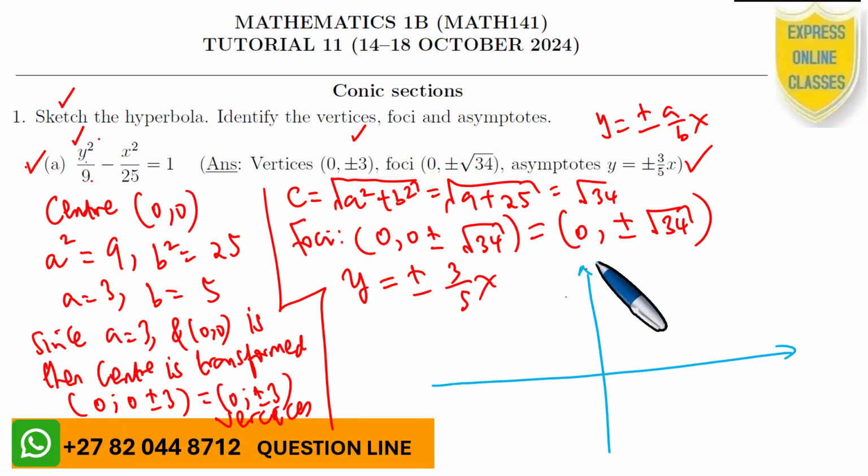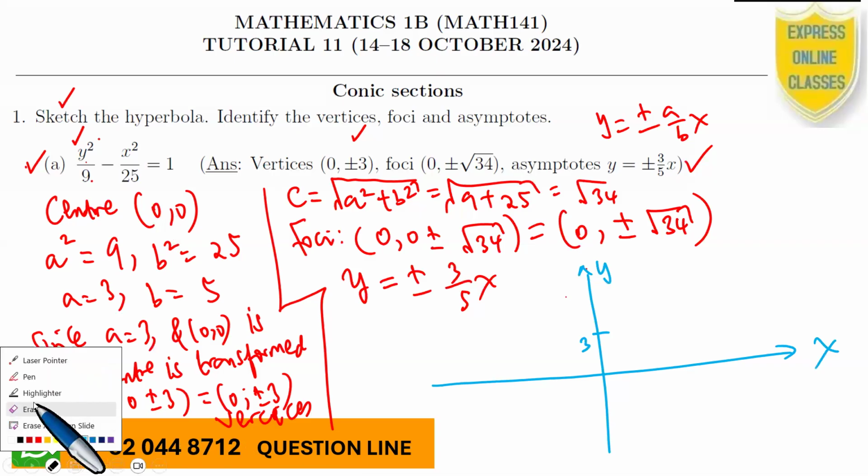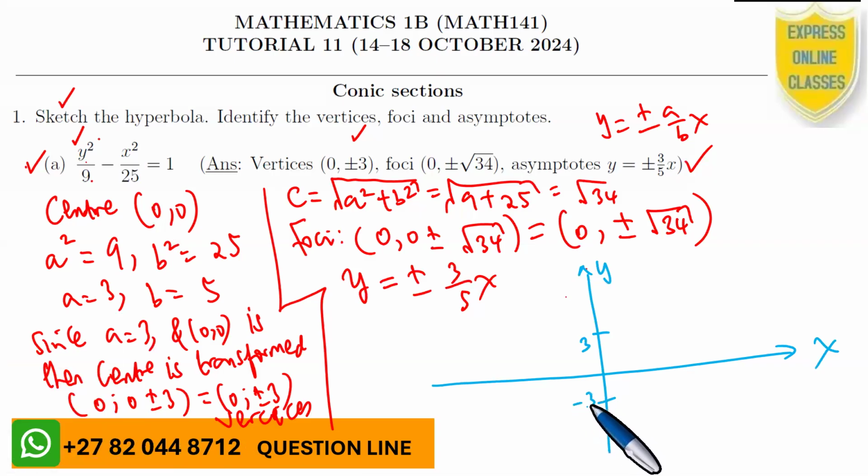Realize we have y together with x. Right now, the vertices are going to be 3 and minus 3 as well. So the graph is going to be exactly this way. And now at this point, the vertices are 0, 3 and 0, minus 3.